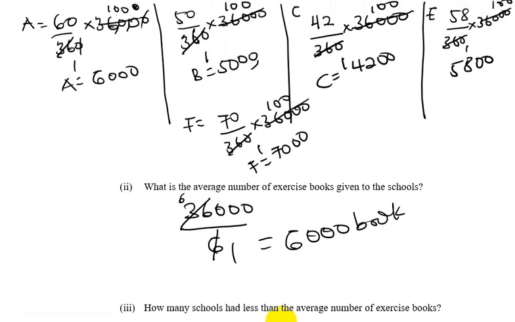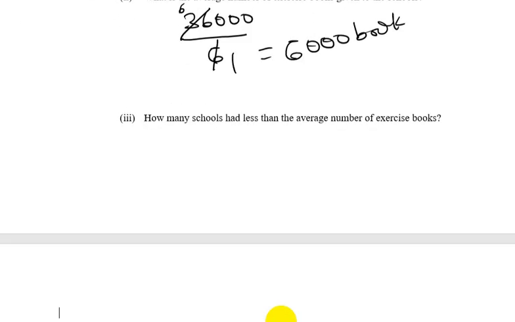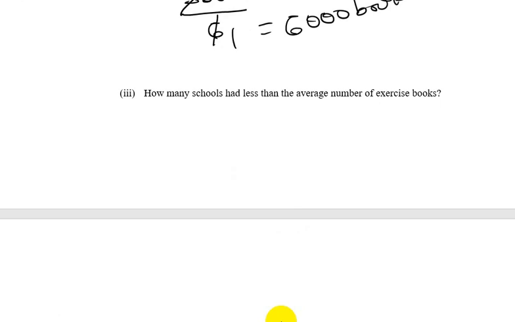We have B, C, and E. So 3 schools had below the average. They said how many schools had less than the average. So 3 schools. If you like, you can specify the schools, but if you write 3 schools, you say how many schools? Just 3 schools. That's all.